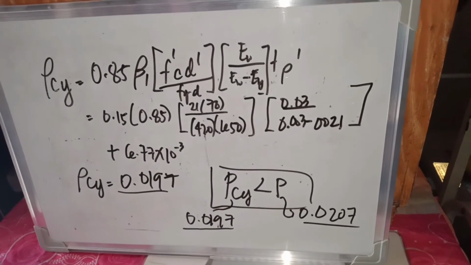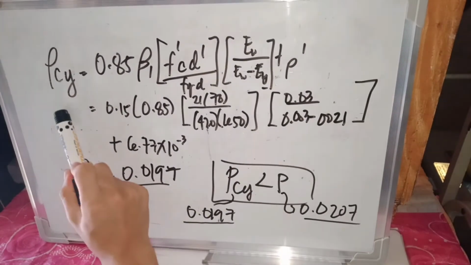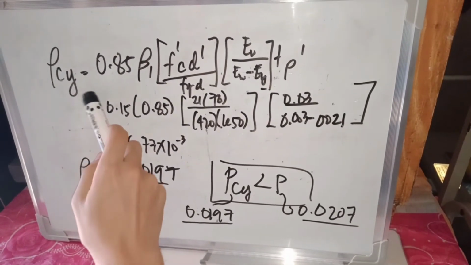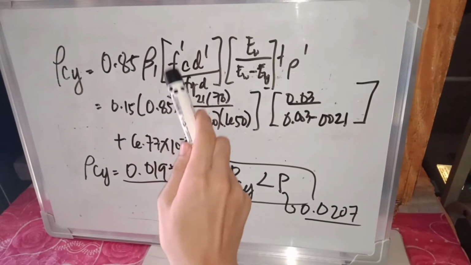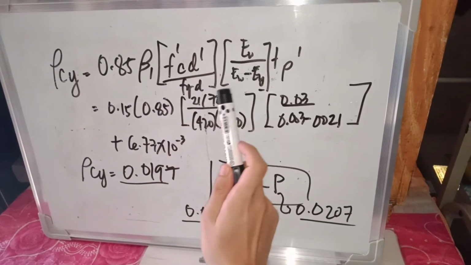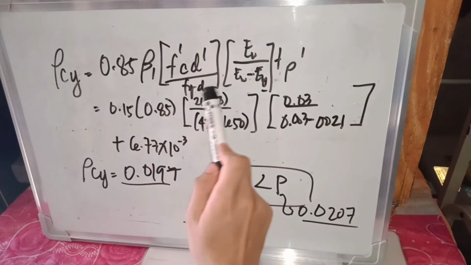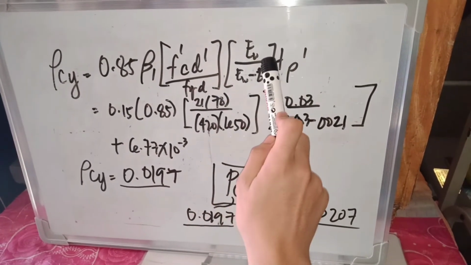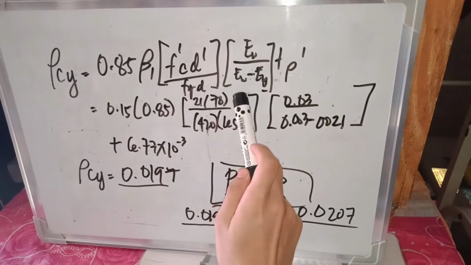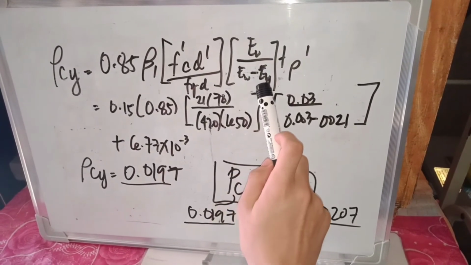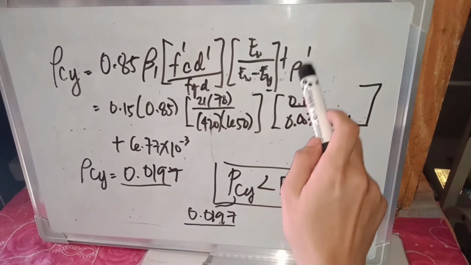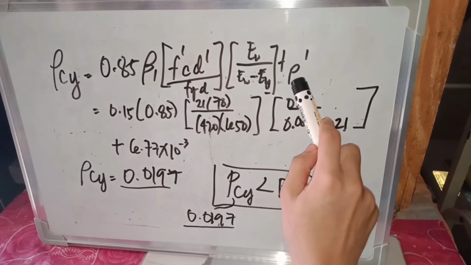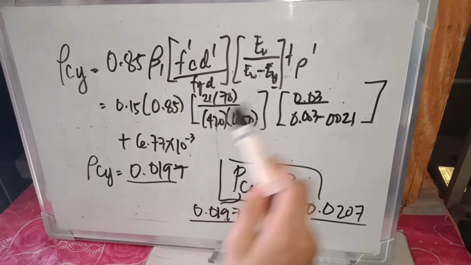To continue the solution, we have to get the ratio of the stress of the concrete, which is 0.85 times beta 1 times F prime C times D1 divided by Fy times D, times the modulus of elasticity over the modulus of elasticity minus the modulus of elasticity in the bottom part, plus our ratio rho prime.